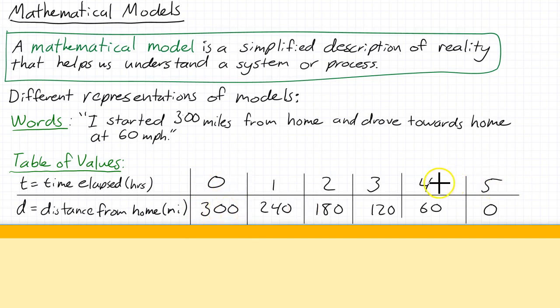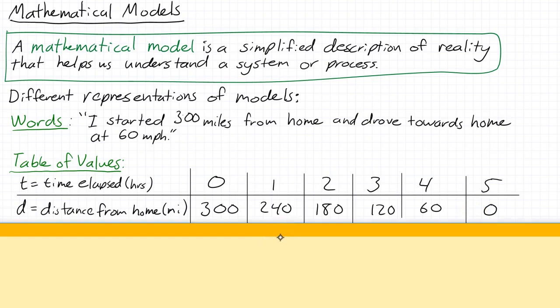When you've been driving for 4 hours, your distance from home is going to be only 60 miles. And then it takes 5 hours for your distance from home to be 0. So this describes the situation with your drive home pretty well too. And sometimes a table is easier to use than other things. You might be able to make the table before you're able to make an equation, before you're able to make a graph. So we're going to focus on tables because they're a good way to help understand the relationship between the variables t and d here.